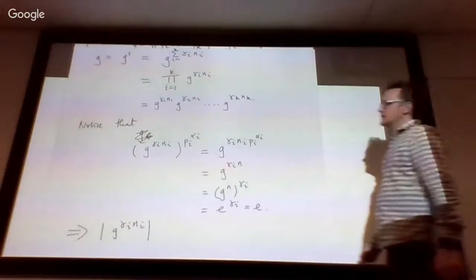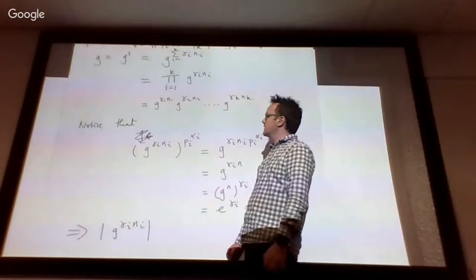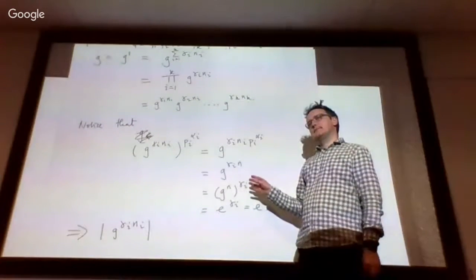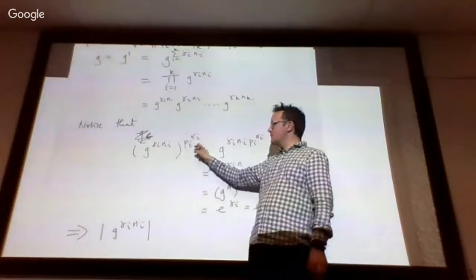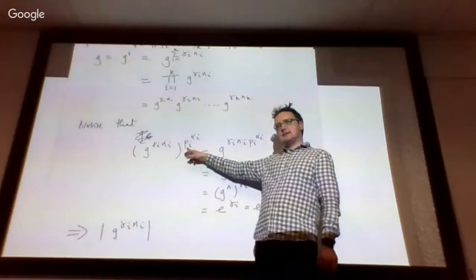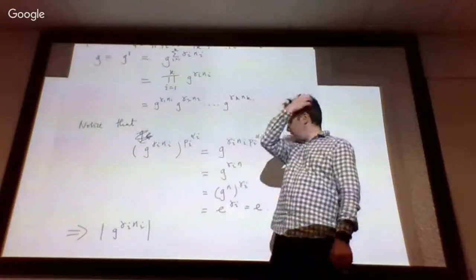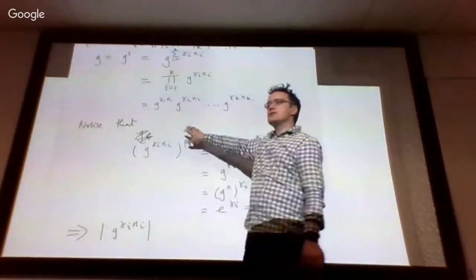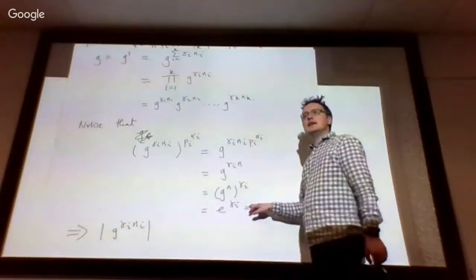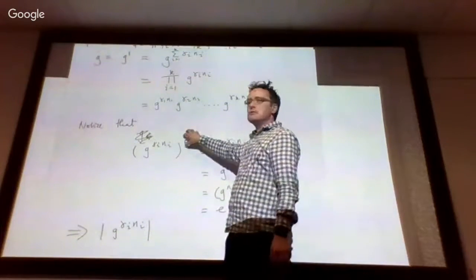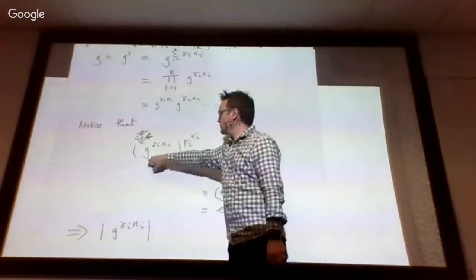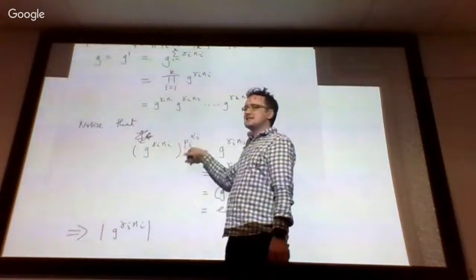Maybe not exactly. It could be that this is a multiple of the order. But if we ever see a group element to some power equal to the identity, then we know that that power is a multiple of the order, and that the order of the group element divides that exponent.